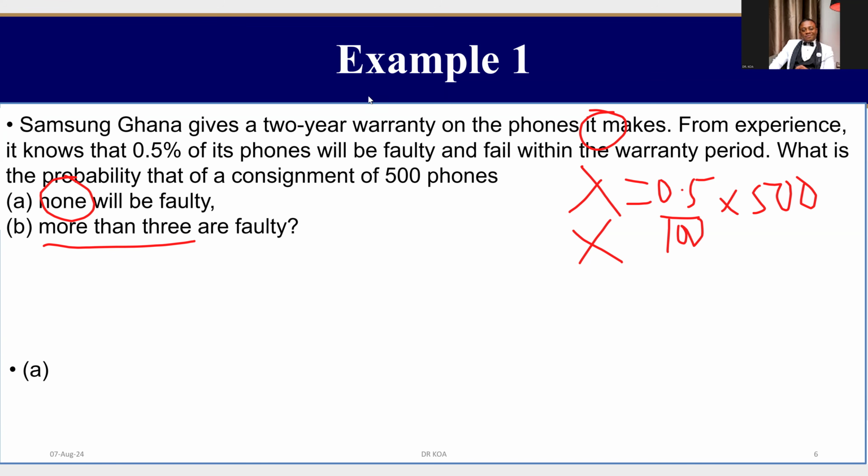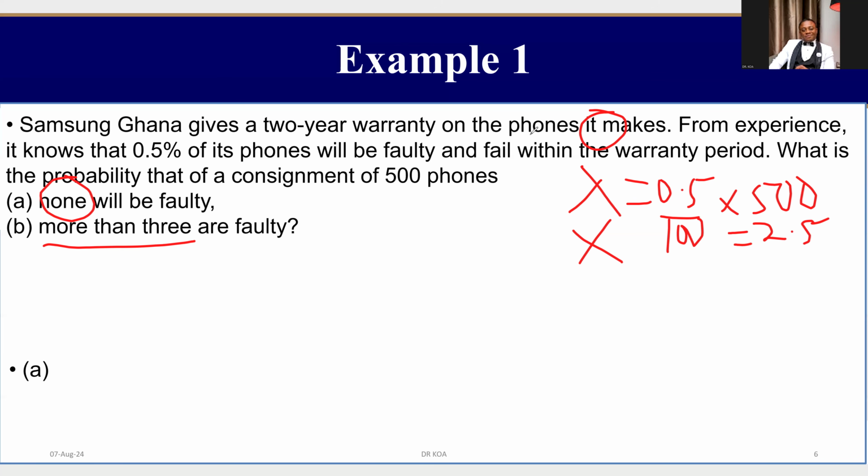What we don't know is how many phones there are. And now, we are told clearly how many phones there are. And so we just take the rest. And that is 2.5. That's the lambda, 2.5.